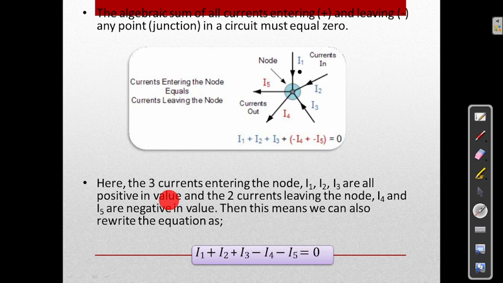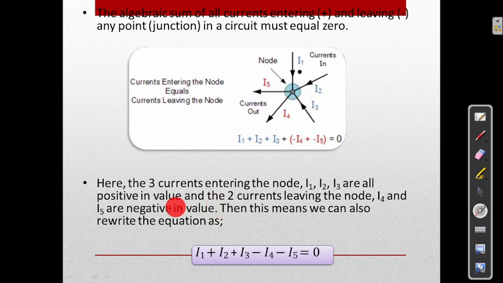Here the three currents entering the node, I1, I2, I3, are positive values because these are all incoming currents. The two currents leaving the node, I4 and I5, are negative in value because they are leaving the node.